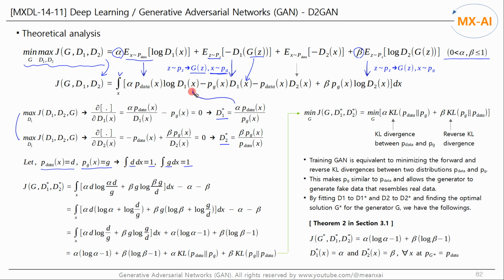Next, we substitute the D1 and D2 stars into the original loss function to find the optimal G. Then we can get this expression. Rearranging this, we get the following equation. This is the KL divergence between D and G, and this is the KL divergence between G and D.